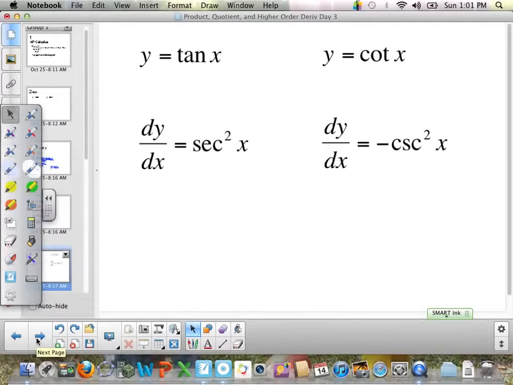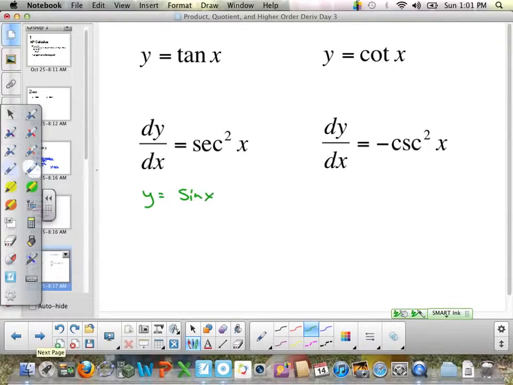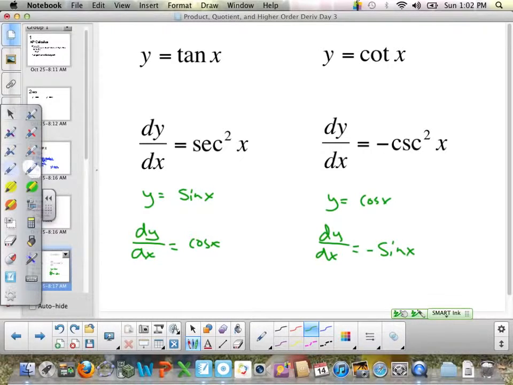Let's compare that to sine and cosine. I want to point out some patterns here. If y equals sine of x, dy/dx equals cosine of x. And if y equals cosine of x, dy/dx equals negative sine of x.